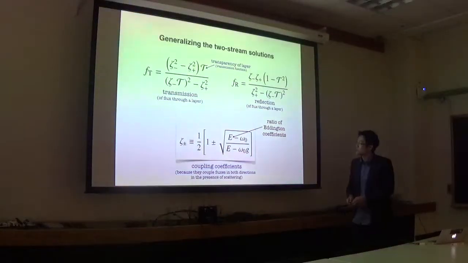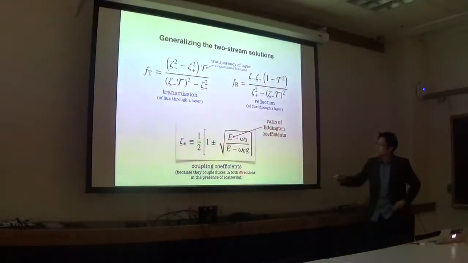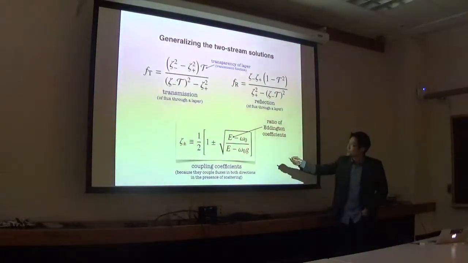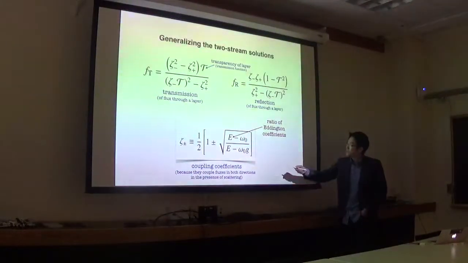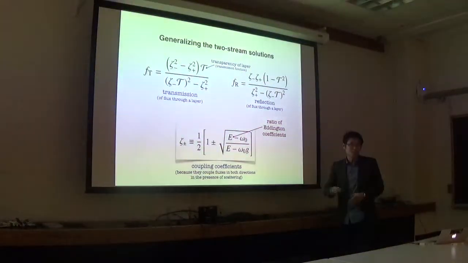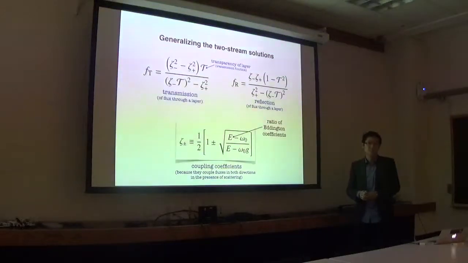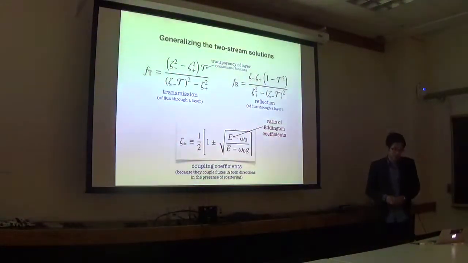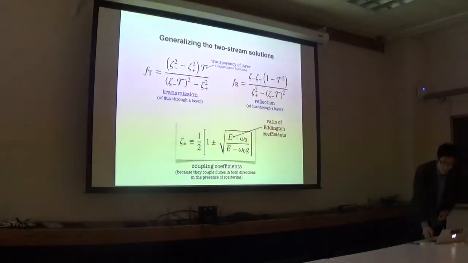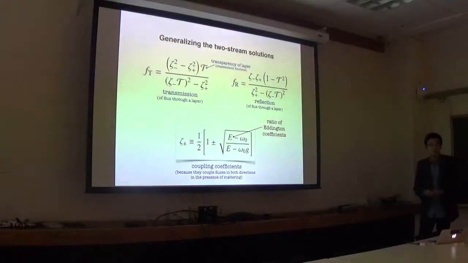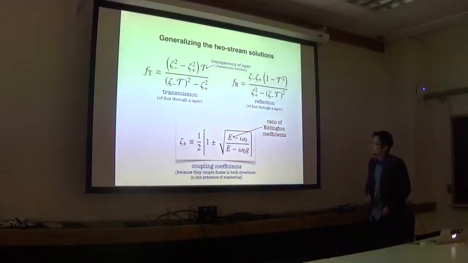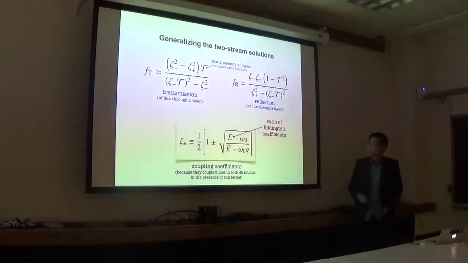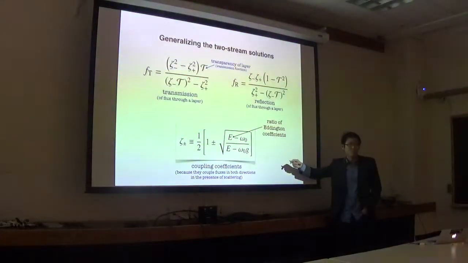These are called coupling coefficients, and they look like this. They depend on the single scattering albedo, and on this parameter G that describes the isotropy of scattering. When G is 0 it is isotropic, and when it is 1 it is forward scattering. The idea behind improving the two-stream solution is that in the plain vanilla two-stream solution, this E value is 1.